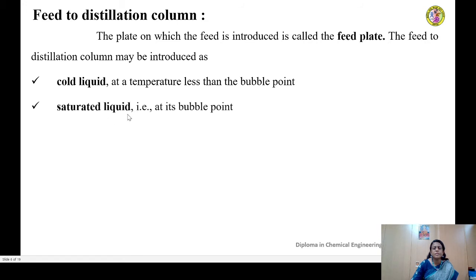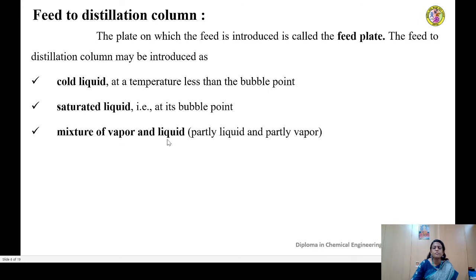Then it is a saturated liquid if it is entering at its bubble point. Then it is a mixture of vapor and liquid, that is, partly liquid and partly vapor, if the temperature at which it is entering is in between the bubble point and the dew point. Then it will be in the form of a saturated vapor if the feed temperature is exactly equal to the dew point.